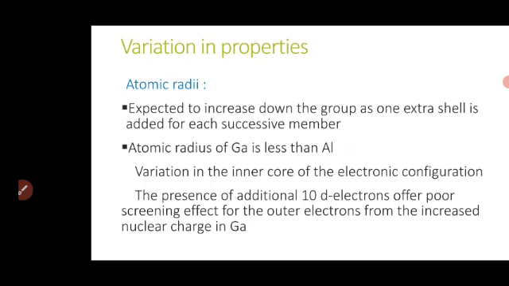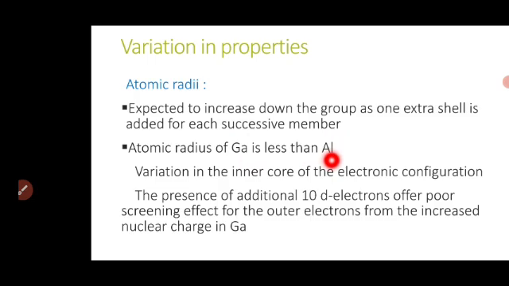But here there is a small variation in gallium and aluminium. Aluminium is the second element and gallium is the third element. Actually, gallium should have a larger atomic radius than aluminium, but the reverse happens, that is, the atomic radius of gallium is less than aluminium.